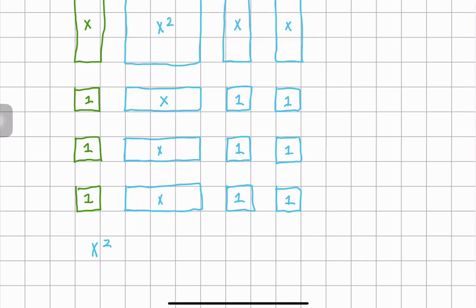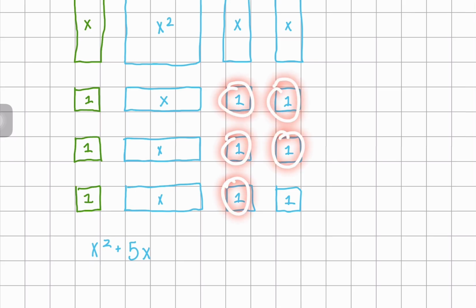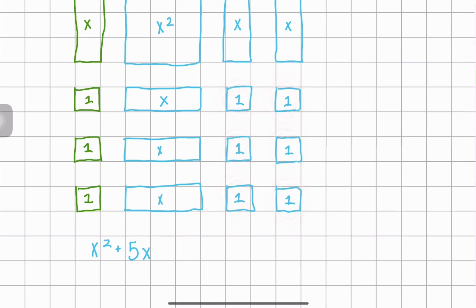So altogether, that makes 5x. Now the last thing we want to work with is the numbers. So we have 1 plus 1 plus 1 plus 1 plus 1 plus another 1. And we know that that is 6. So our answer is x squared plus 5x plus 6.